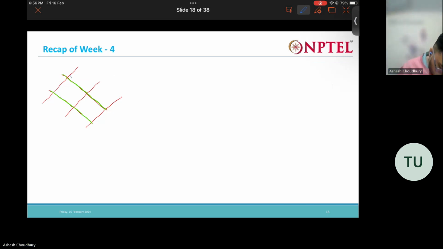Obviously these are perpendicular. Now let's say delta Q flow is happening through each flow channel.